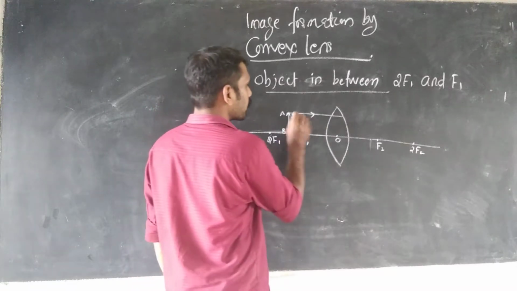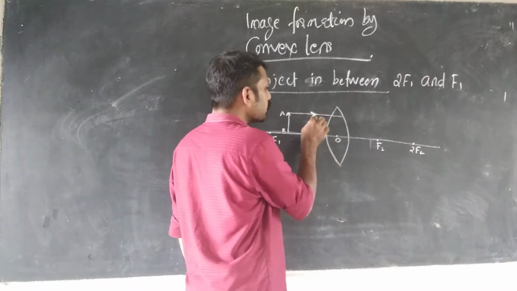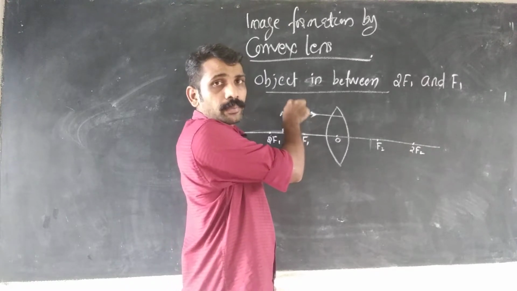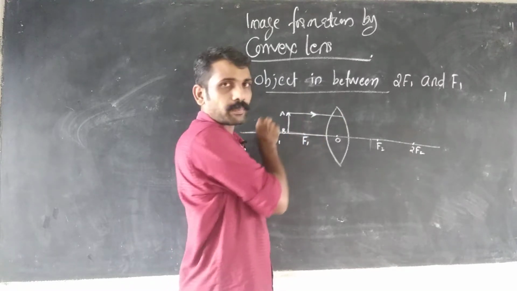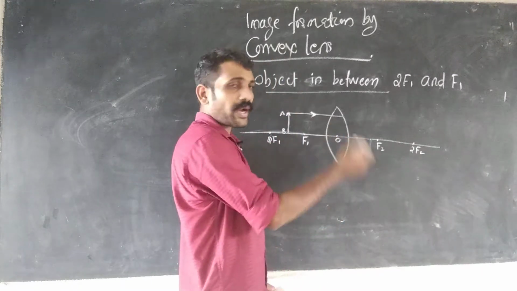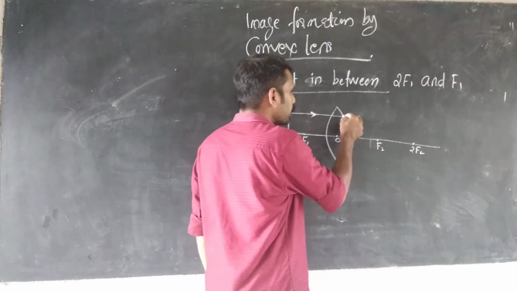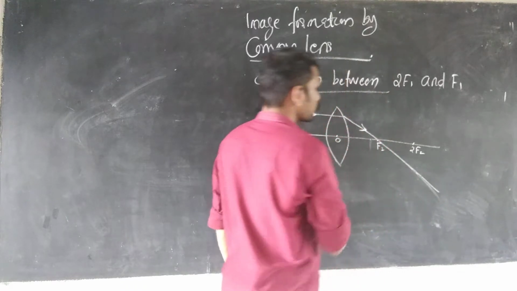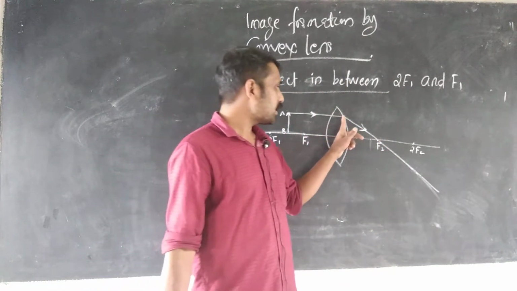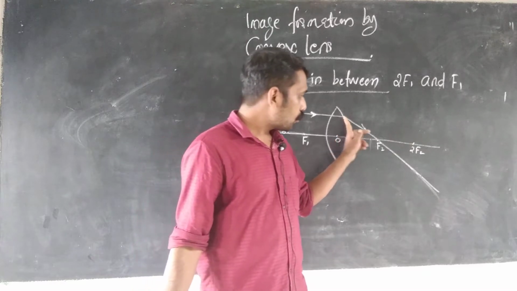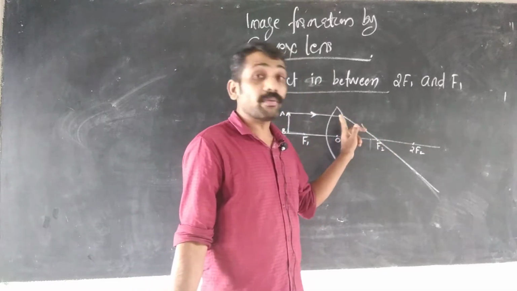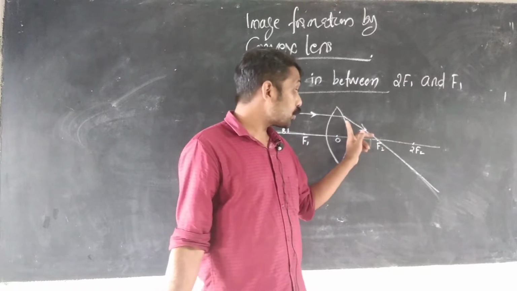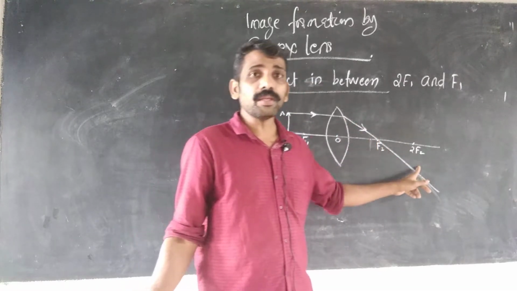The ray which is coming parallel to the principal axis, after refraction, will pass through the focus of the convex lens.